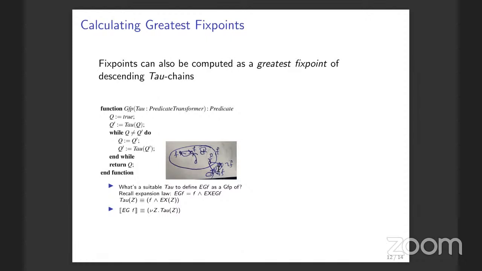Sir, in that formula, what if we substitute Z with true? What will EX true give us? EX of true is true. Every state, true includes every state. So you're asking, what are the states that in one step will satisfy true?